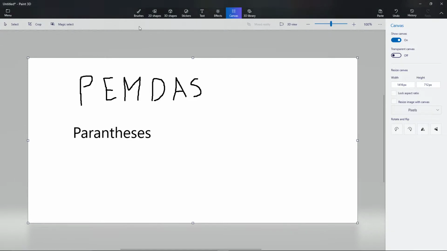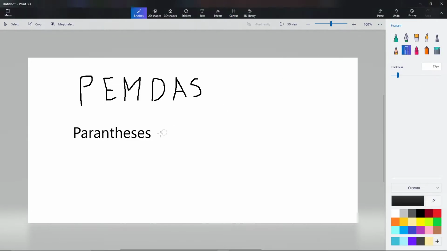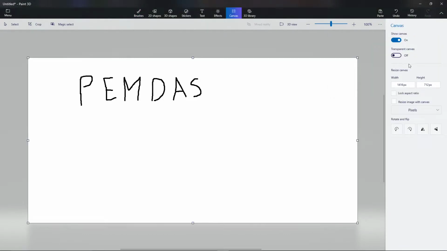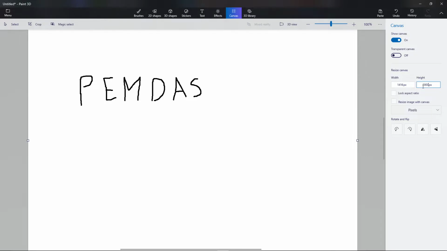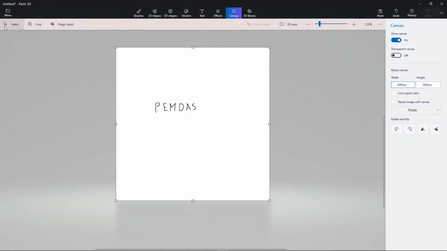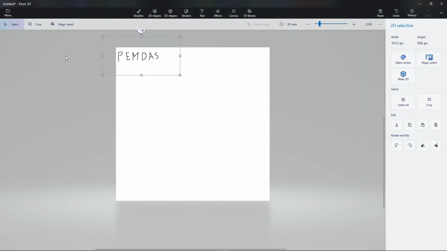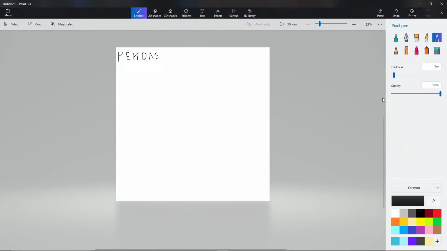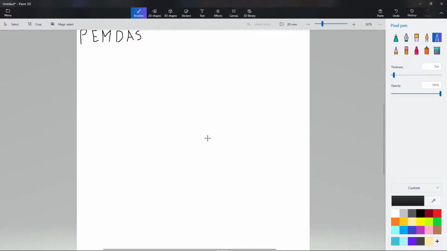Yeah, so let's just go over it. Let me expand this canvas before I make any more mistakes. That should be enough. Okay, so basically all we need to start off with is an example of something I have done.